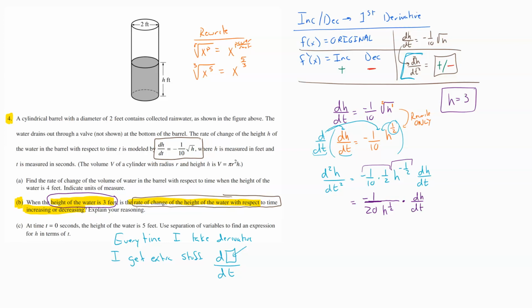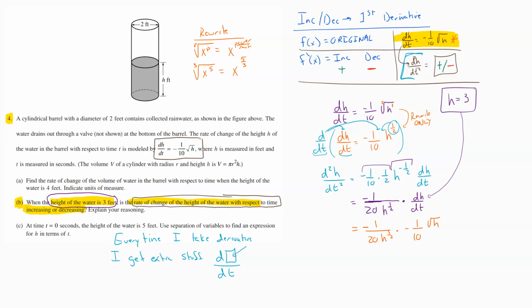Well, I don't have a way right now to plug in h into this dh/dt, and that's where I come back and say, oh yeah, dh/dt is its own little formula here. And so I would go ahead and substitute that formula back in. So this is negative 1 over 20 h to the 1/2, and then instead of dh/dt I have negative 1/10 the square root of h.